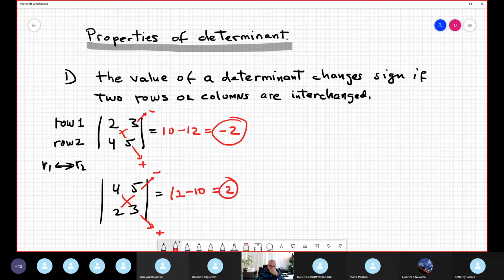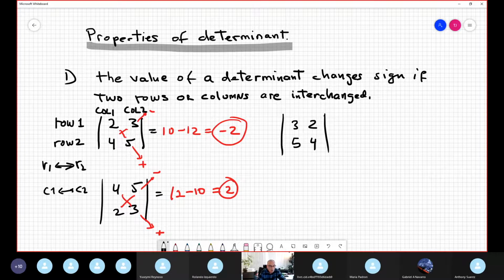What about columns? Column is the same. Let me show you. Suppose I interchange two columns. This is 3, 2. This is 5, 4. What am I doing? This is column 1, column 2 of the original, but I swap the columns. Column 1 swaps with column 2.